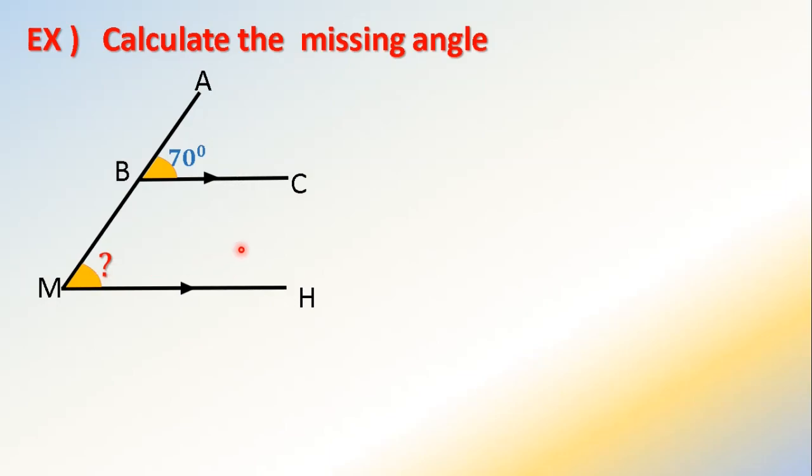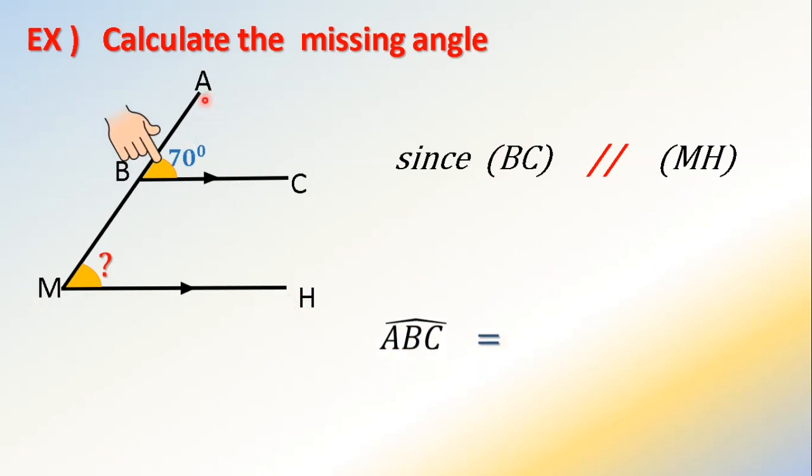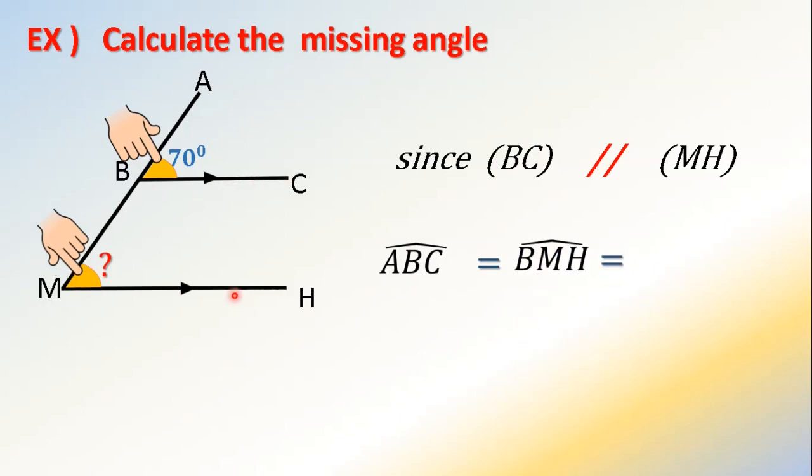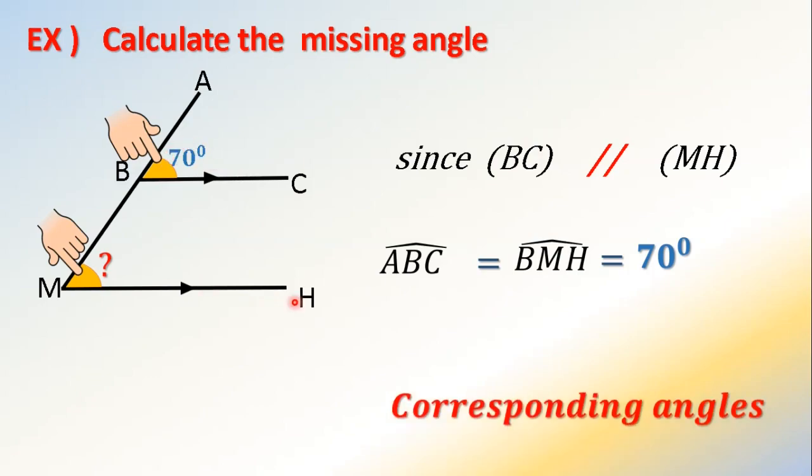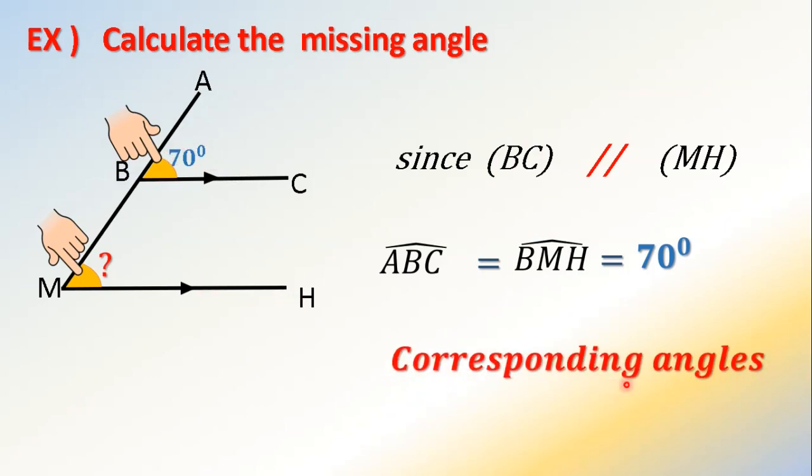And how can you write that? Since BC is parallel to MH, then angle ABC is equal to angle BMH equals 70 degrees, and the reason is corresponding angles. So angle BMH is equal to 70 degrees.